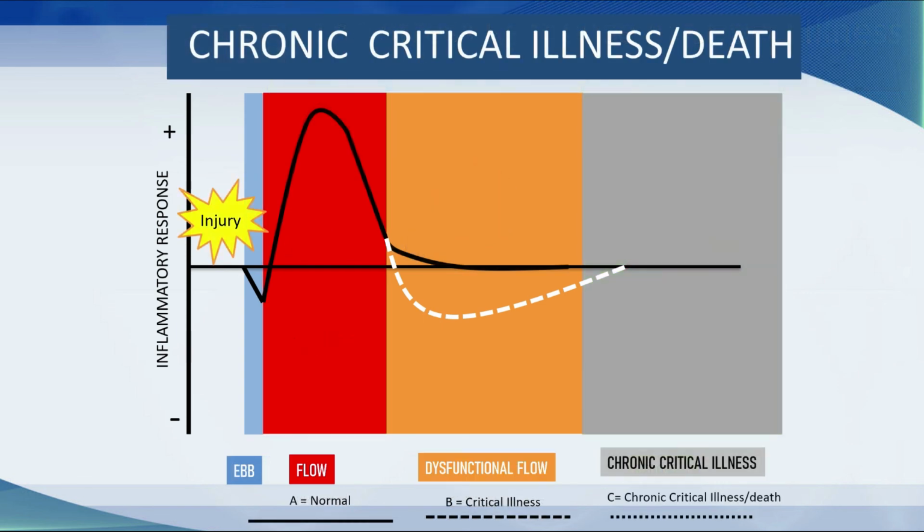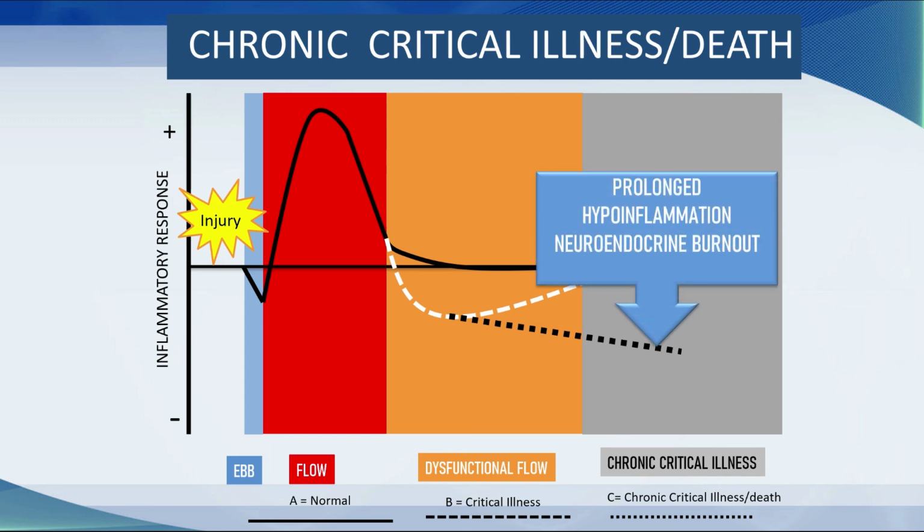And what may actually happen in this setting, and it's not just necessarily due to drugs being given in this setting, is instead of the patient having this nice upward swing in their inflammatory response and their metabolic activity, they go into a hypometabolic state where the neuroendocrine system and the autonomic nervous system burns itself out, and the patient ends up in this state of stasis where they're not getting better, they're not getting worse.